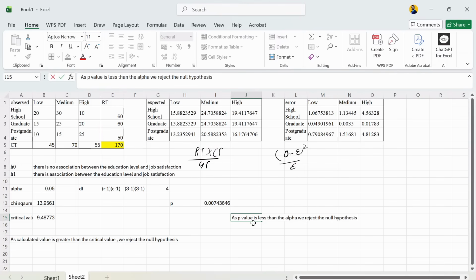As you can see, the p-value is less than alpha. Alpha is 0.05, and it is 0.007, which is less than alpha. So if the p-value is less than alpha, we reject the null hypothesis. So again, the null hypothesis is rejected from the p-value concept as well as from the critical value point of view. So this is the solution part for question number 2.